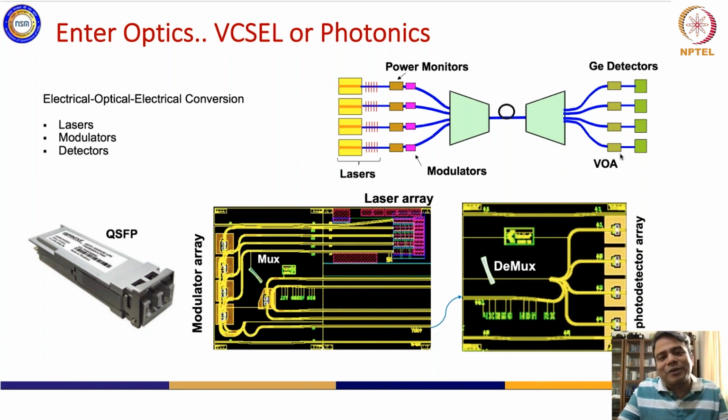There are other technologies that people work on now, related to photonics, where instead of turning the laser on and off, you try to modulate the laser so that you operate in a region where you have lesser delays between turning on and turning off, and therefore you can transmit data faster, and so on and so forth.